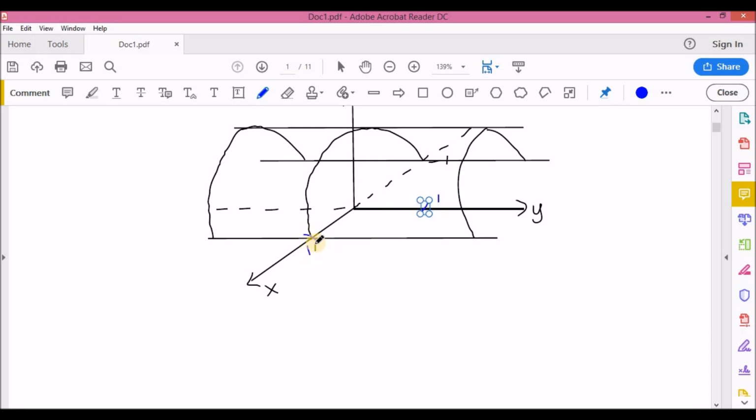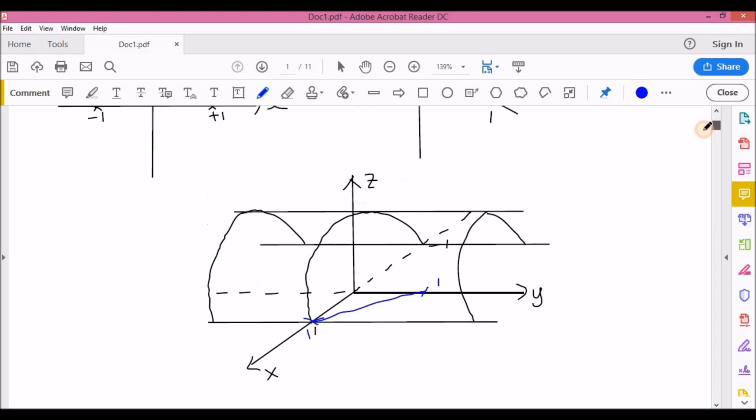So when you connect them together, you can connect them by using a proper line. After that you construct a straight line.